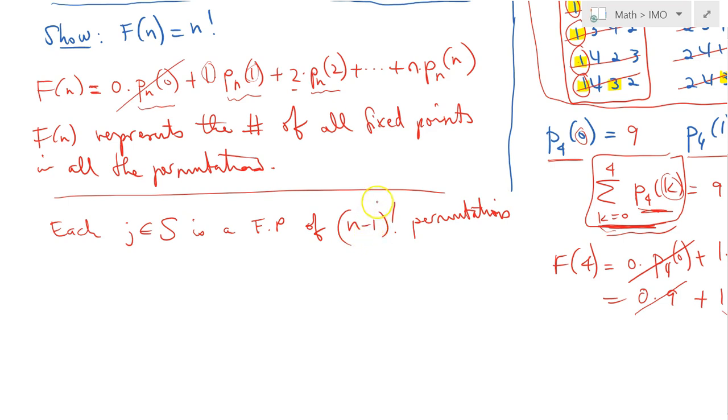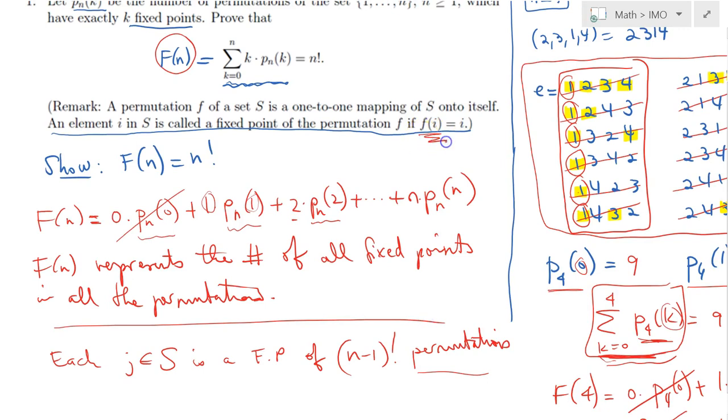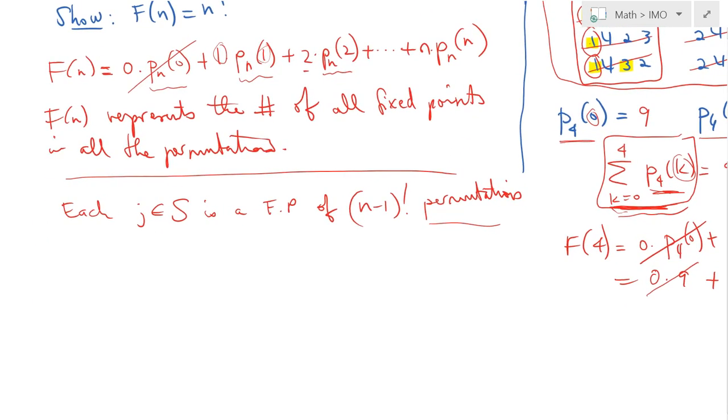All the remaining elements can be permuted in n minus 1 factorial ways. And what are those permutations? If you would like to rigorously write it in terms of this F notation here, the permutations, basically all these n minus 1 factorial permutations, are those of the following form: F of I is mapped to J whenever I is equal to J.